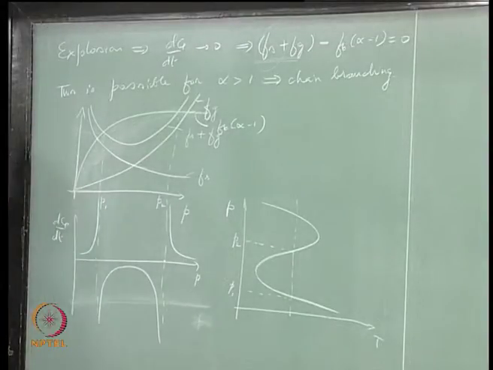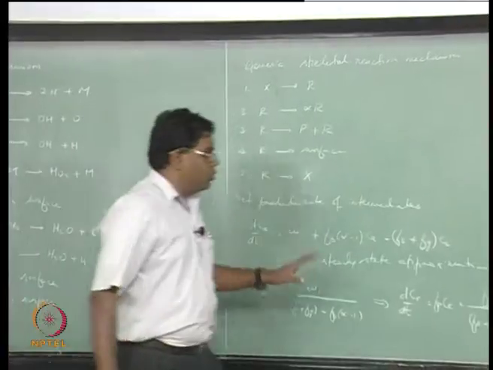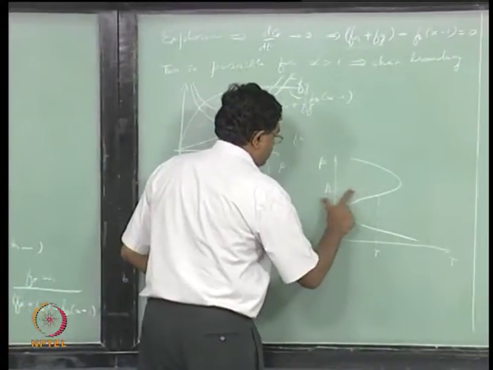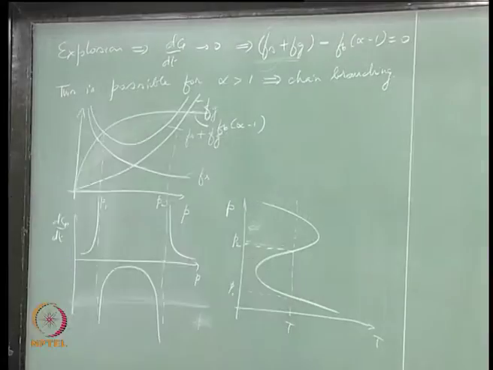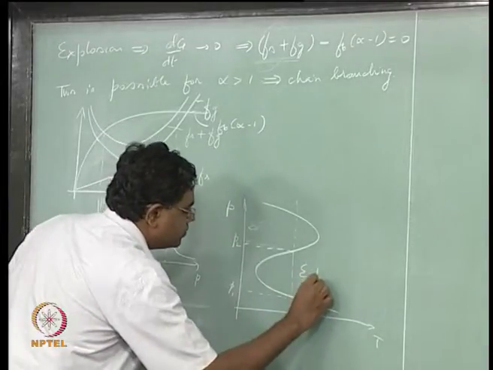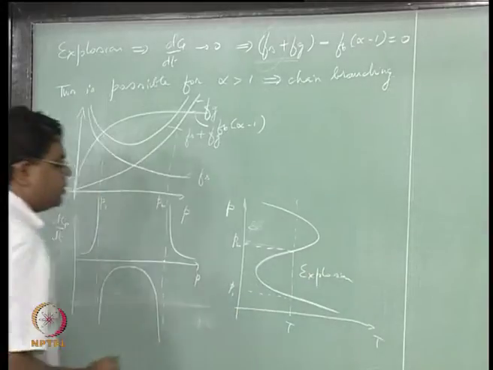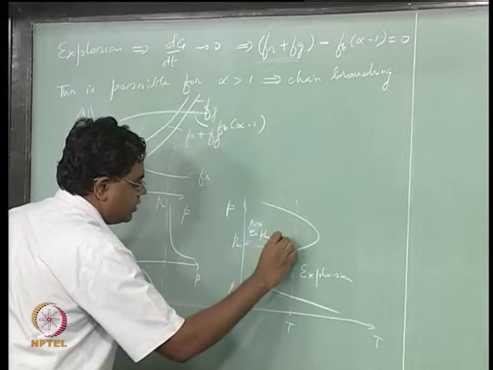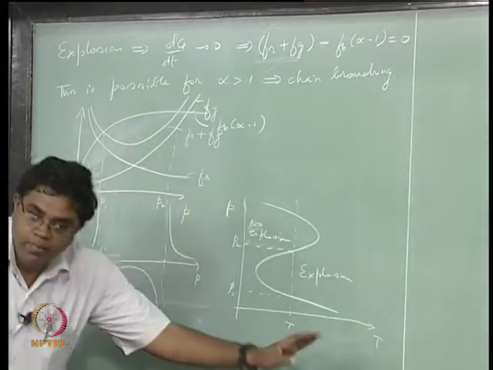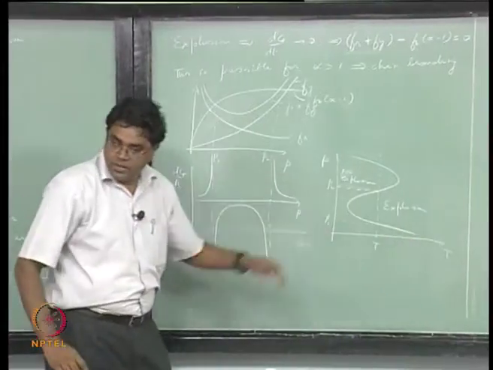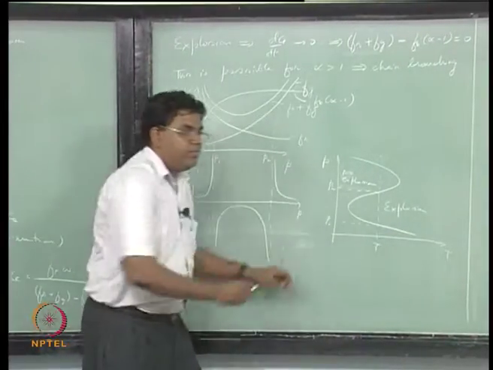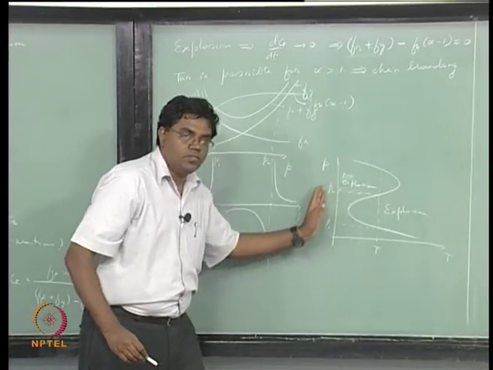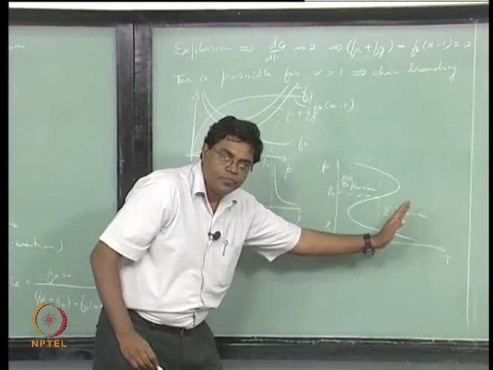That means for a given T, this mechanism is able to show that there would be what is called two explosion limits. So you have an explosion regime here and no explosion on this side, or in other words in the PT plane, this line marks a boundary which corresponds to crossing over to explosion, alright.